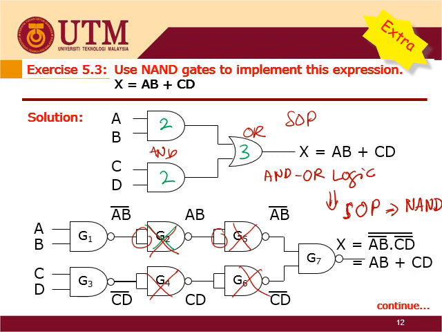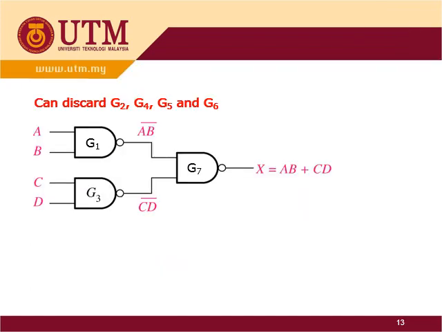So with SOP equation, with AND OR logic, you just need to convert the 3 basic gates, the 2 AND and the 1 OR, all to NAND gate. So 2 AND, 1 OR, AND OR logic, SOP expression becomes 3 NAND gate. Yeah, but if you are not sure, you can always do conversion first, cancel out.